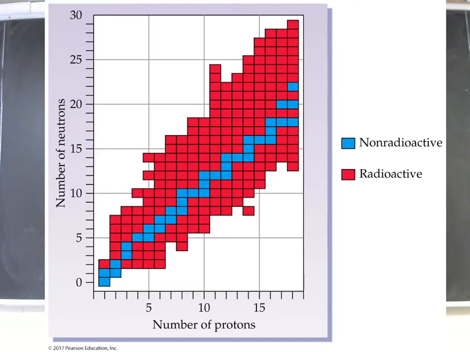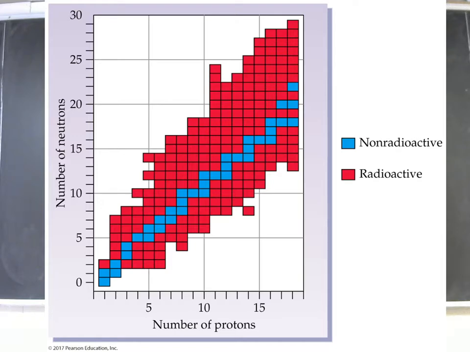But for elements beyond that, let's look at one like uranium. Uranium's atomic number is 92, that's 92 protons. But the mass numbers of its isotopes are in the 230s to 240s, so quite a lot more neutrons than protons.